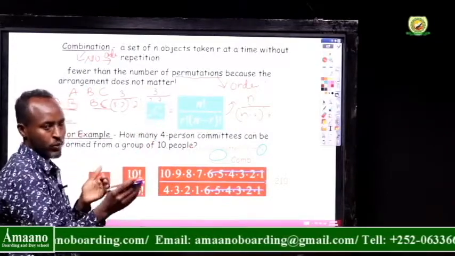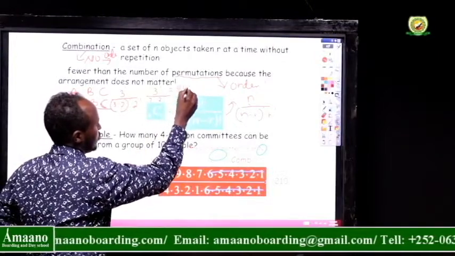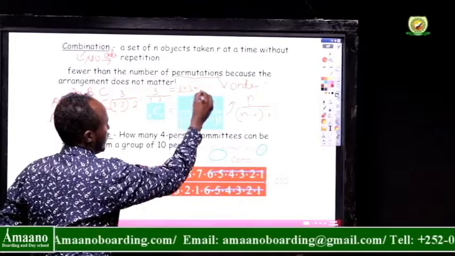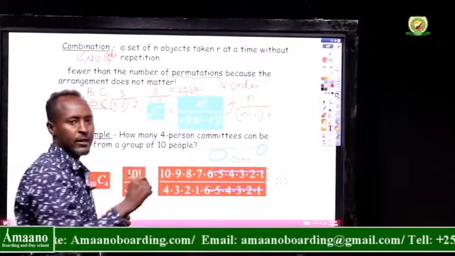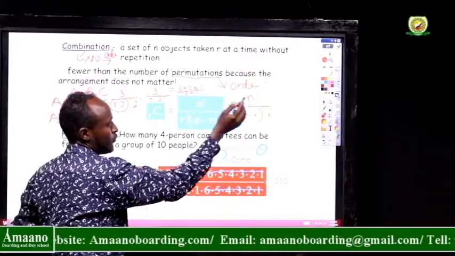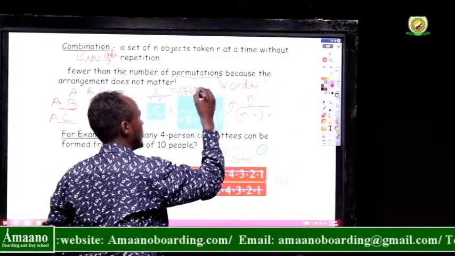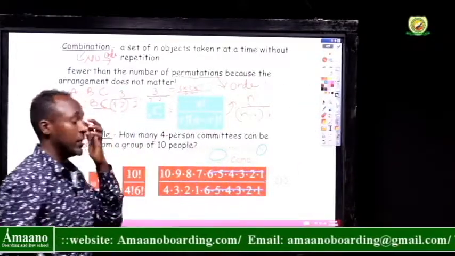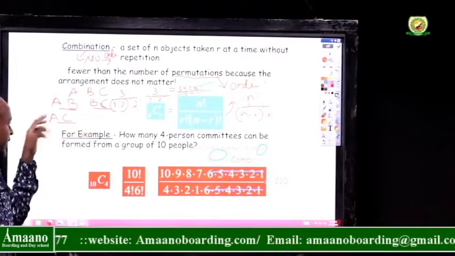We can simplify the top one: 3 times 2 times 1. This 2 factorial is 2 times 1, because 1 factorial is only 1. 2 times 1 cancels out 2 times 1. Therefore, you have 3. It means that you have 3 different committees as here: AB, BC, AC.